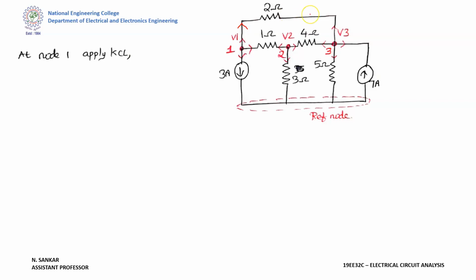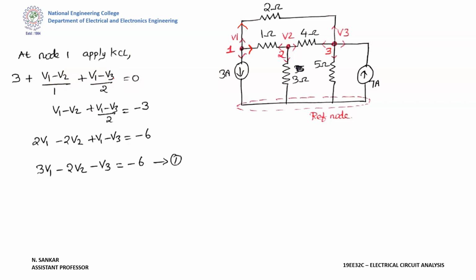And for this one, the current is moving from 1 to 2, that is V1 minus V2 divided by 1. So this will be the KCL for node 1. Just solve it. The equation will be 3V1 minus 2V2 minus V3 is equal to minus 6. So equation number 1.